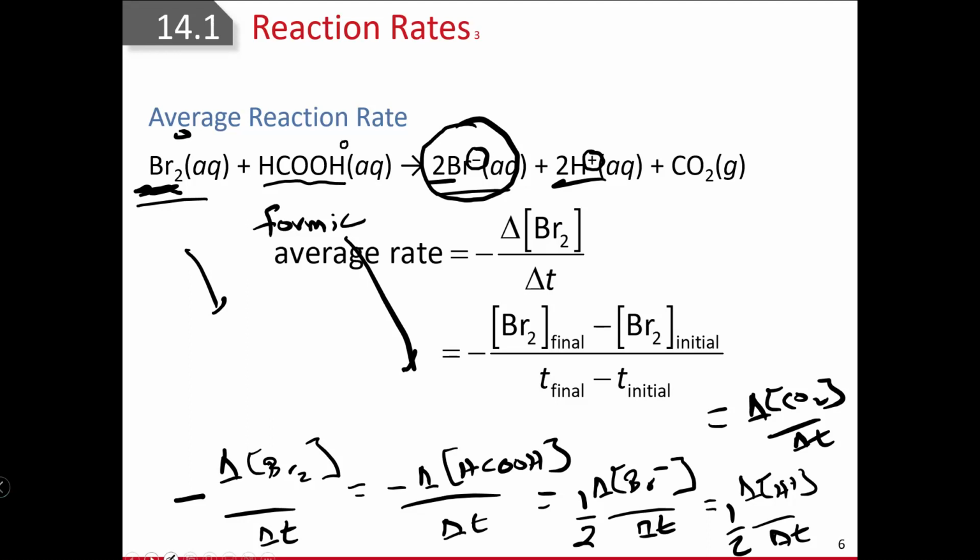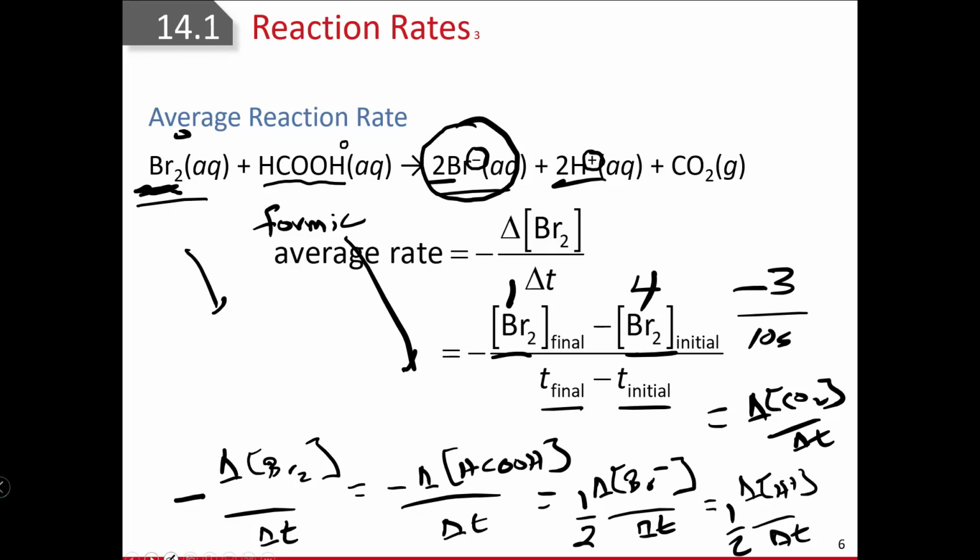All right, so these are all averages, and the way we determine the average rate, we have on our plot the final concentration of any one of these substances minus the initial, and then T final minus T initial. And again, because bromine is consumed, if the final is 1 and the initial was 4, 1 minus 4 gives me a -3, and that would be over some time, let's say, I don't know, 10 seconds. 10 minutes.